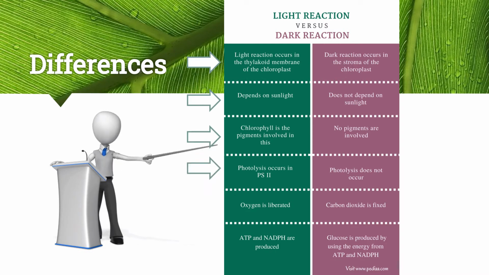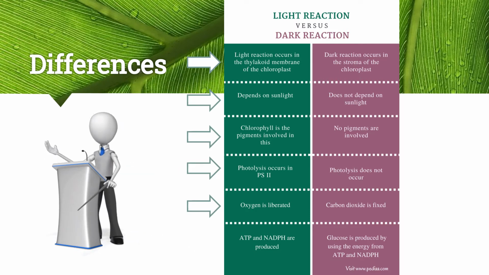In light reaction, photolysis occurs in PS2, or photosystem 2. Photolysis is a process of breaking down molecules into simpler units through the absorption of sunlight, whereas in dark reaction, it does not occur. In light reaction, oxygen is liberated.